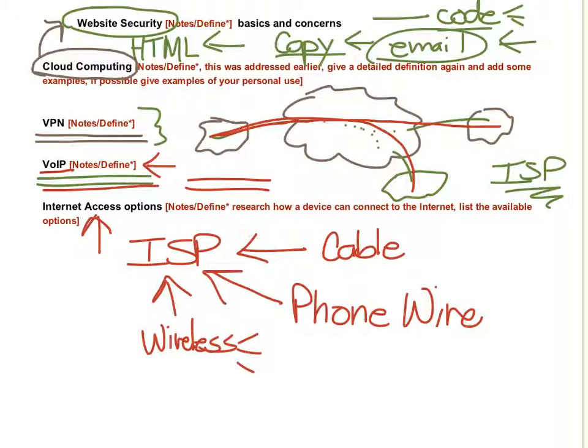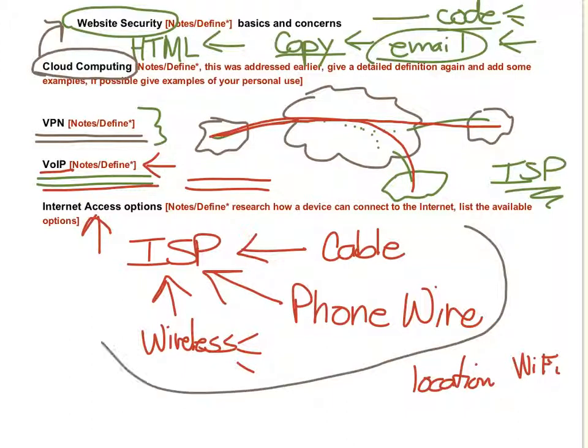Okay? Now, when you're at McDonald's, at some location where they have internet access, they typically are offering you a connection to their network through Wi-Fi, but then they're using some other method to get in. They're going through an ISP too.